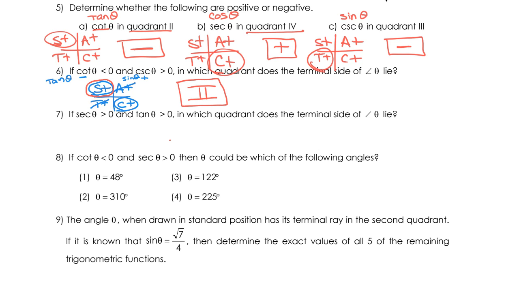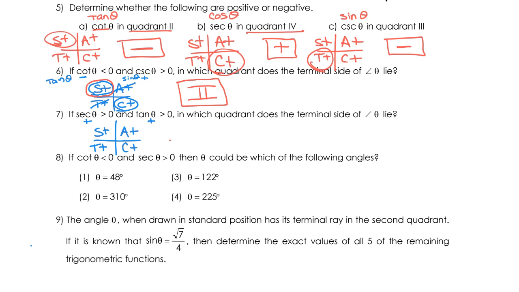Okay. All right, number 7. They're asking about secant theta being greater than 0. Greater than 0 is positive. And tangent theta being greater than 0, which also means positive. So we'll do a little all students take calculus. In this first one, they're asking about secant theta being positive.